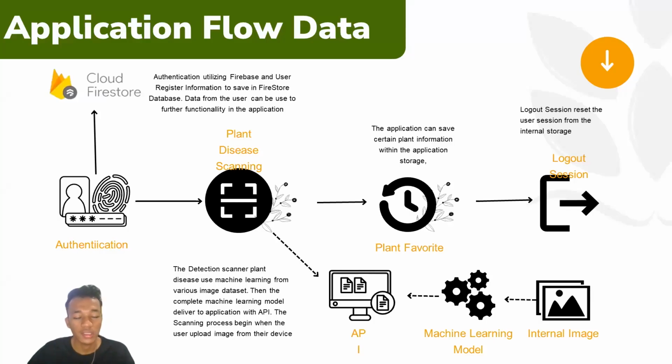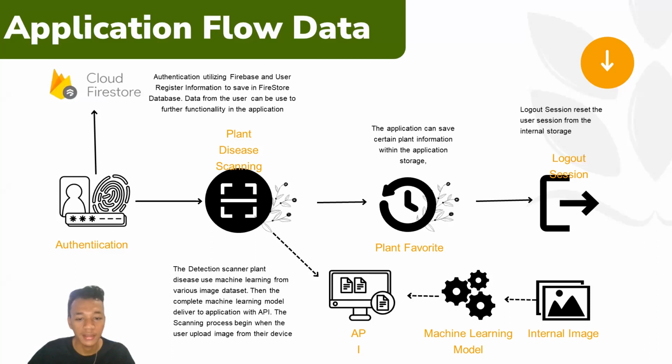The data flow of our application starts with authentication. Users are authenticated using Firebase Authentication infrastructure and user data is saved with Cloud Firestore. On the home screen, users will find some interesting features: plant disease scanning and planting tutorials. Planting tutorials are saved with Cloud Firestore.